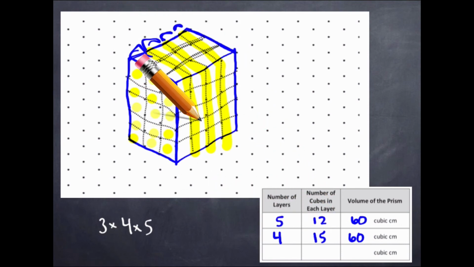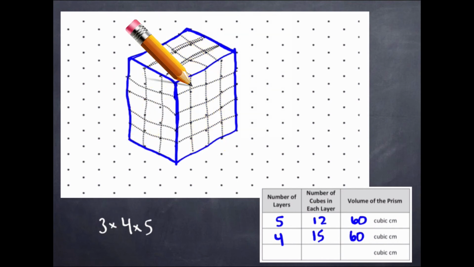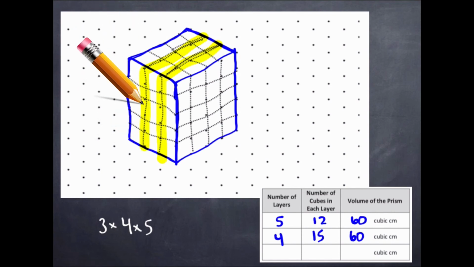There is another way we could do this. I want you guys to think about that for a second and see if you can tell me what you think that is. Awesome. So we could split it this way. So this would be a layer, a layer there in the middle, and a layer there at the end. So let's count these up.